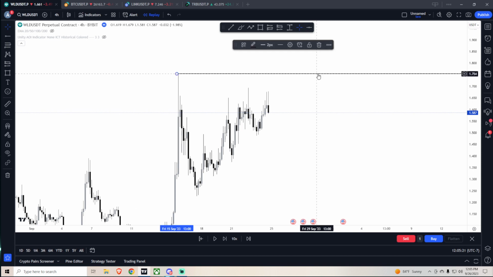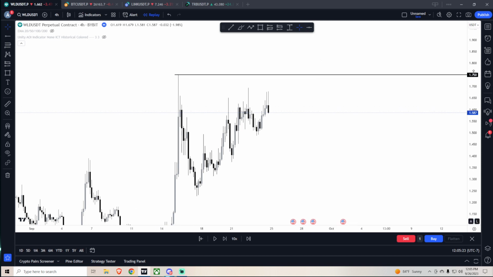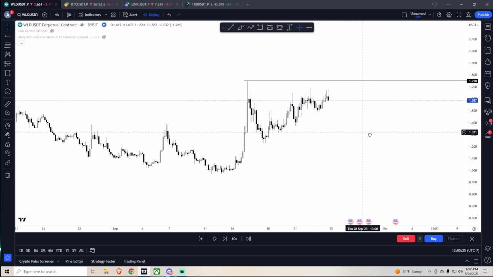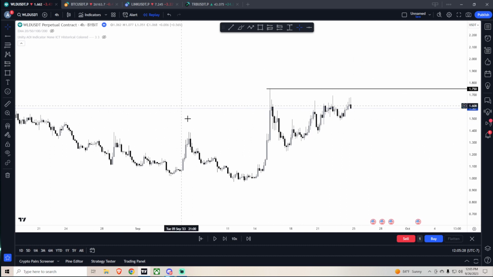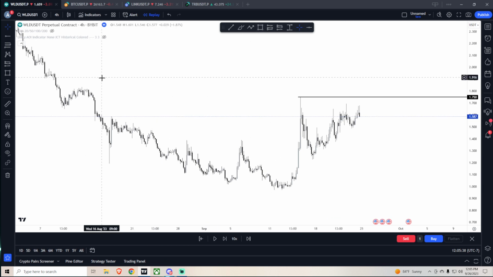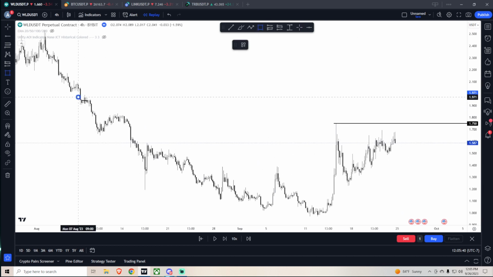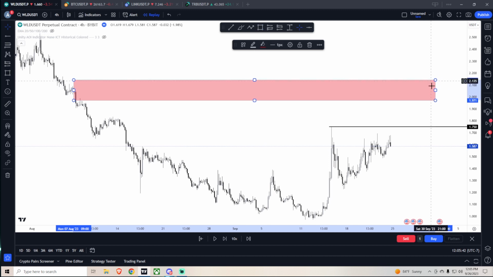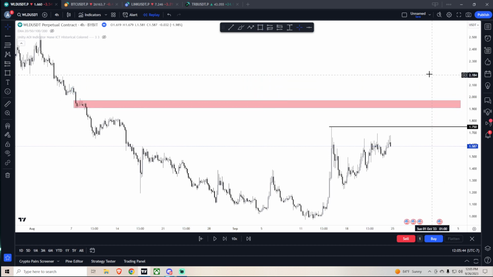So for me, I saw some analysts wanting to short this coin, and for me, I saw no short here, unless we got to that supply zone, which was here. I was setting limits there myself.